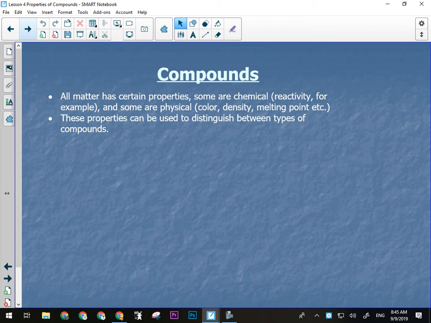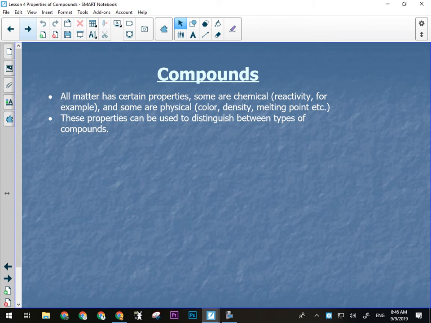Okay, so that would be things like melting point, boiling point, state, color, odor, okay, those kinds of things that you could observe if you just had a chunk of that material. Chemical properties are not evident until the material reacts with something else.